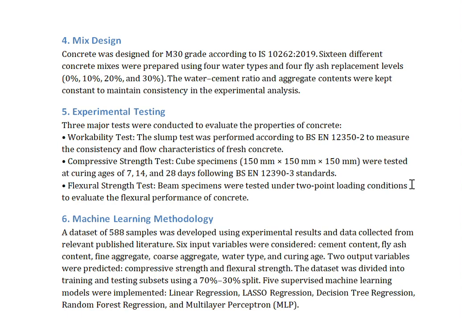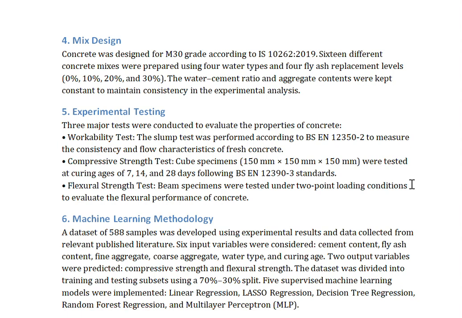There are three major tests to evaluate the properties of concrete. First is the workability test, second is compressive strength, and the third is flexural strength. In the workability test, the slump test was performed according to BS EN 12350-2 to measure the consistency and flow characteristics of the fresh concrete.